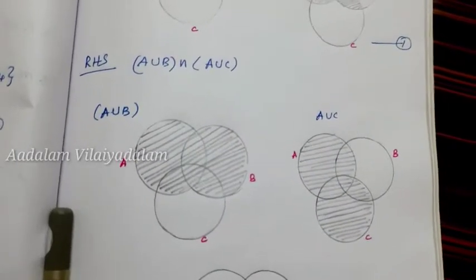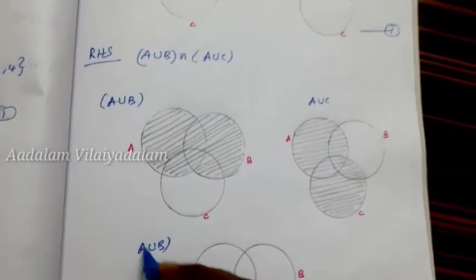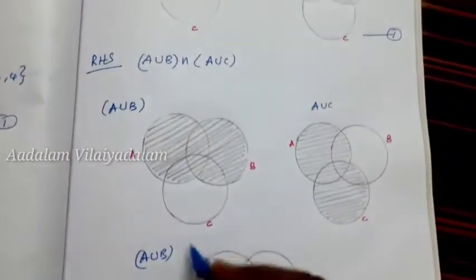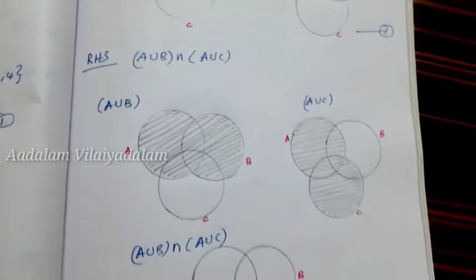Now we need to find A union B intersection A union C. This is A union C.